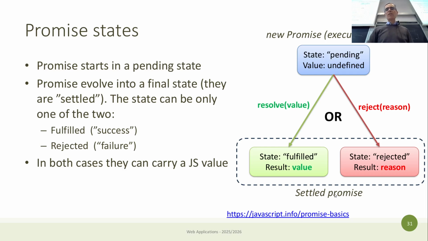These 2 states are called settled: a promise in one of these 2 states is called a settled promise. So it starts in pending, and then at a certain point it's settled, and it cannot go back. It just starts from pending, and either it's successful, so it's fulfilled, or it has problems, so it's rejected. Very simple.